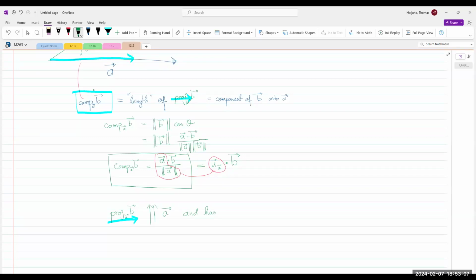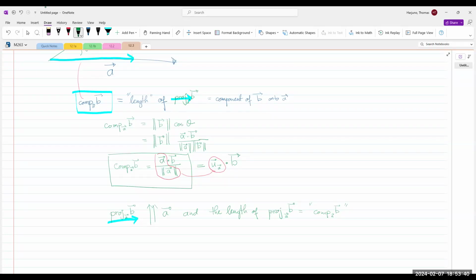It has the length of the projection, the length of the projection of B onto A, which is equal to, quote unquote, the component of B onto A. Again, I use quote unquote because when we say the length, it has to be positive, right?